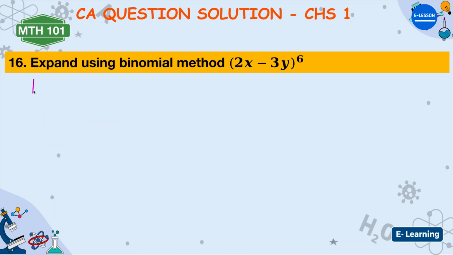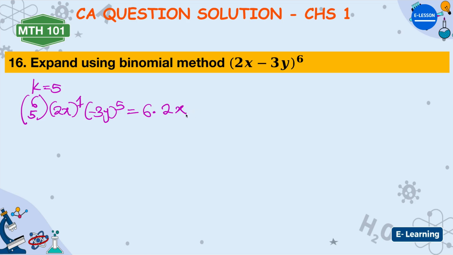And then we have k is 5. When k is equal to 5, my dear student, that will be 6 combination 5, then 2x, 6 minus 5 will give us 1, k is 5, so minus 3y to the power of 5. 6 combination 5 gives us what, my dear student? 6 multiplied by 2x multiplied by minus 243 y raised to the power of 5.